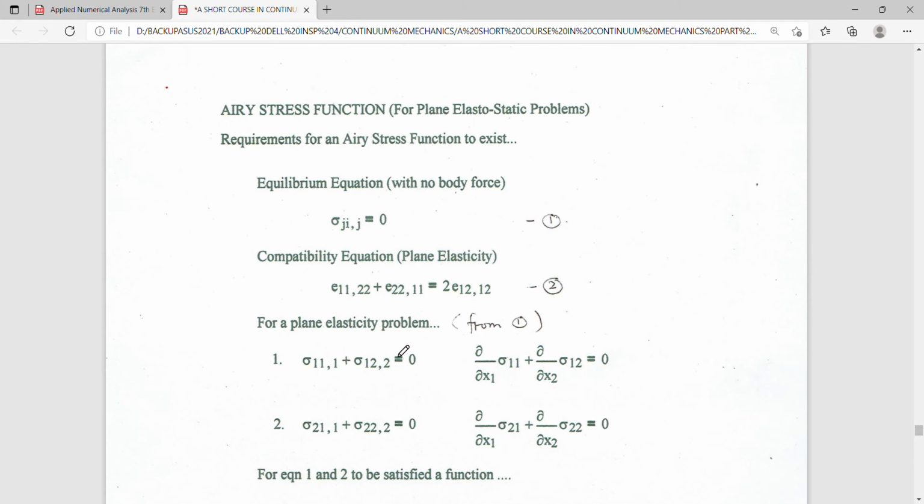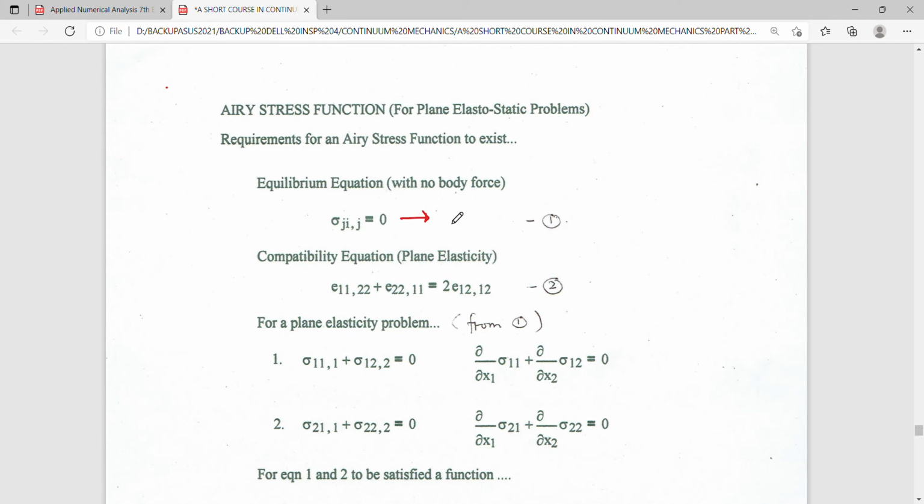So for a plane elasticity problem, we may get these two equations here from equation 1. Okay, so if I want to expand this, how many equations do I have? So this is a first order equation.